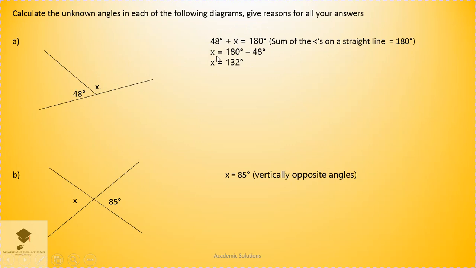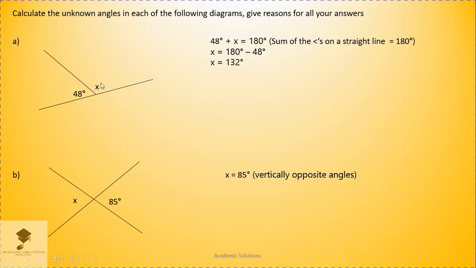So on the left hand side you'll be left with x, which will be equal to 180 degrees minus 48 degrees, and that will give you 132 degrees. So the angle here equals 132 degrees.